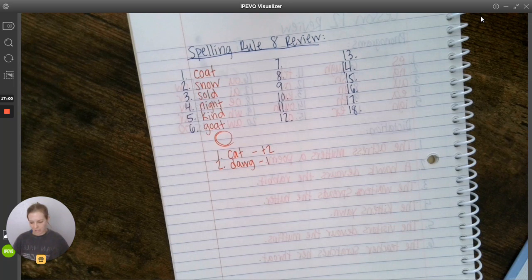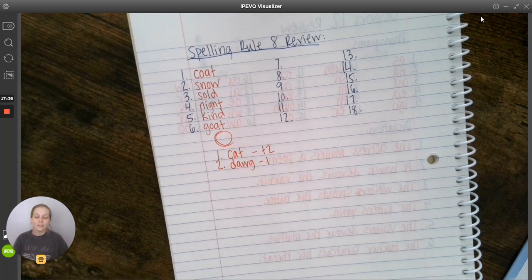All right, number 7, shadow. Shadow. My dog is scared of her own shadow. Number 8, roll.